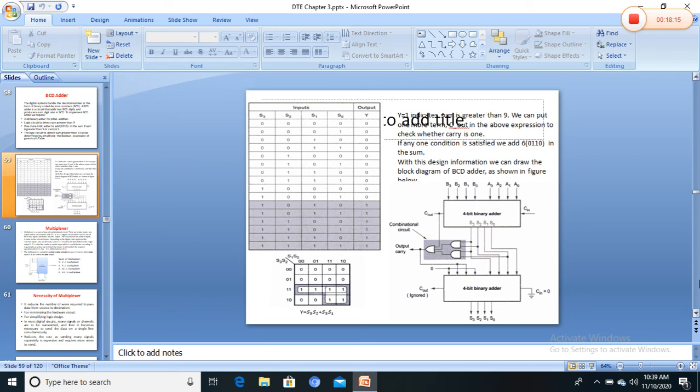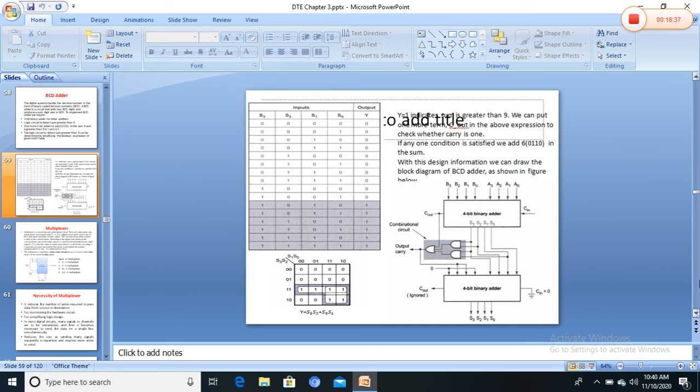From the diagram, this is one AND gate, this is another AND gate, and the plus sign. So in this combinational logic circuit, there are two AND gates and the sum. This is the 4-bit BCD adder.